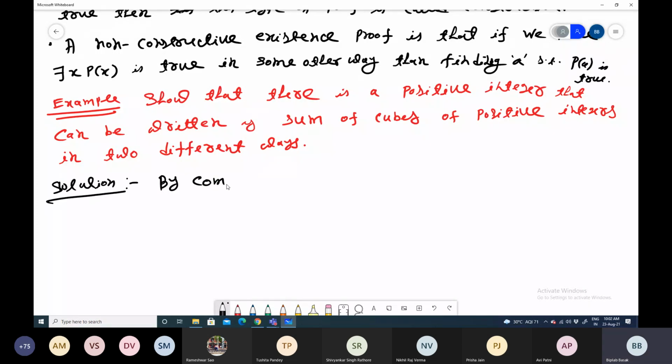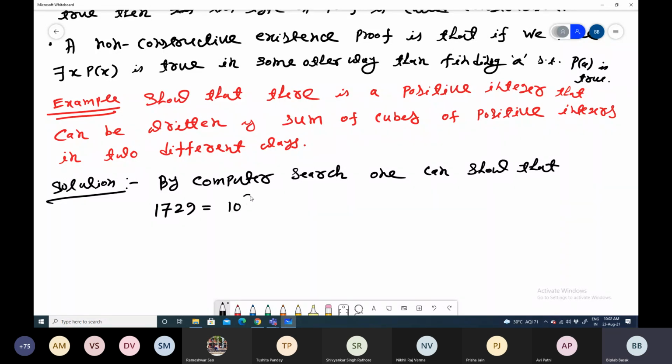So by computer search, one can show that if we take this number, it can be written as 10 cube plus 9 cube and equal to 12 cube plus 1 cube.